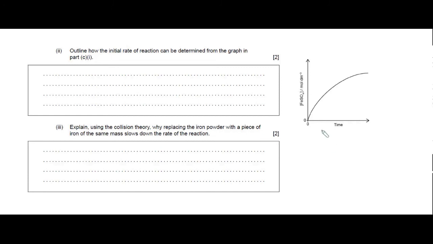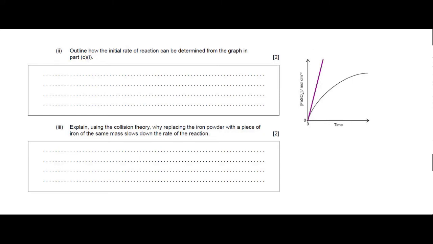So in order to get the initial rate of the reaction, we have to plot a tangent. At time 0, we have to plot a tangent like this. And whenever you're plotting the tangent, make sure that we are going for the biggest possible line so as to get the most reliable data.